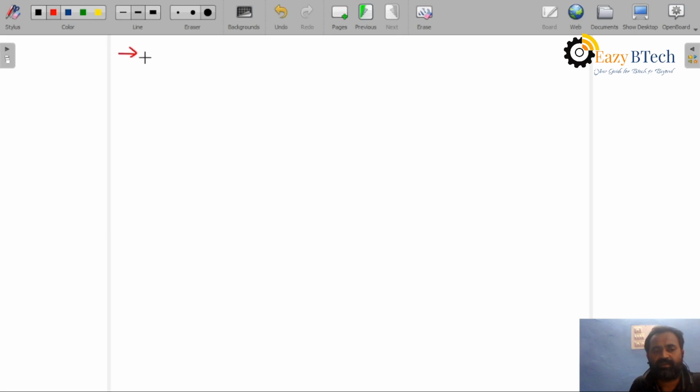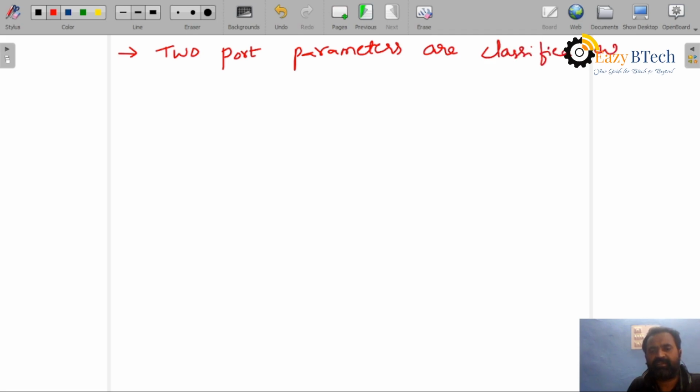Next, two-port parameters are classified as number one, Z parameters.